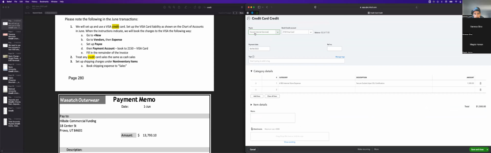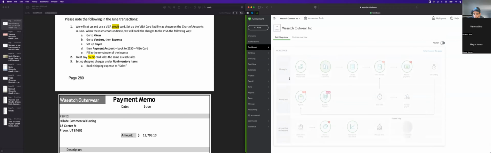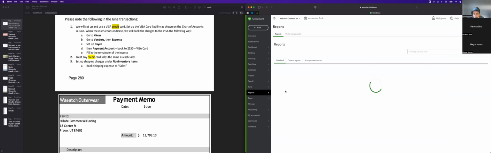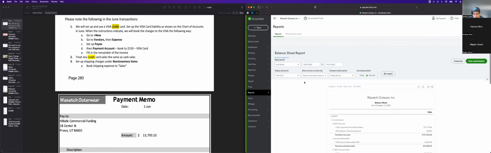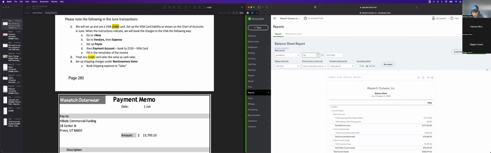So pay via Visa Internet Service 2150. Category 6180. That's what we want. 1500. That looks correct. So we're good there. And let's just do one more check. Balance sheet for June.